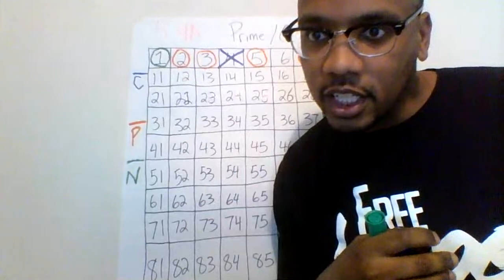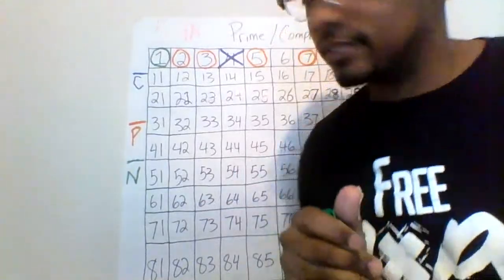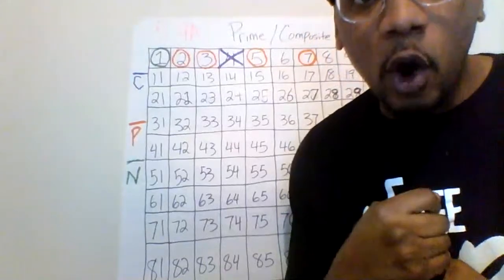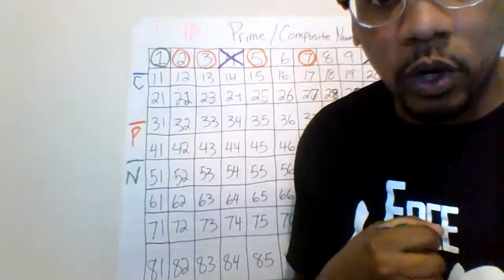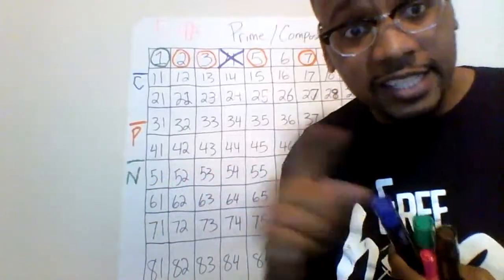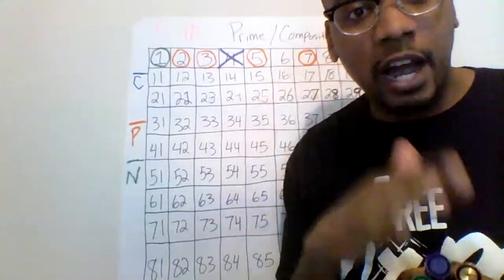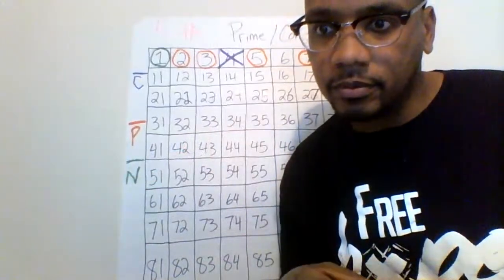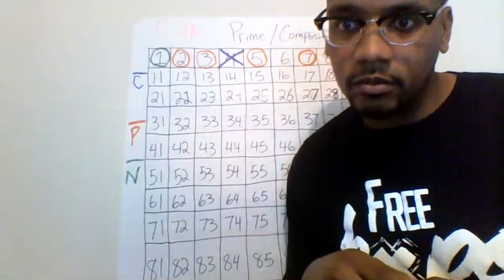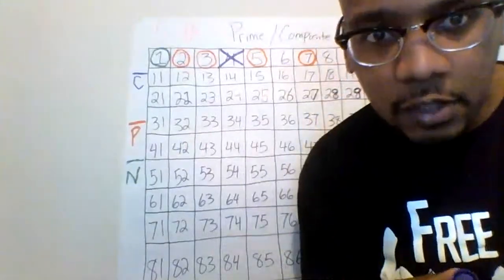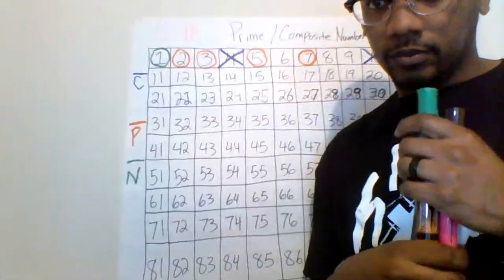Let me see. Darlene, is number 6 prime or composite? Think about what you have to multiply to equal 6. Is it only 1 times 6, or can you find more than one way? So, Darlene, tell me, is 6 prime or composite?